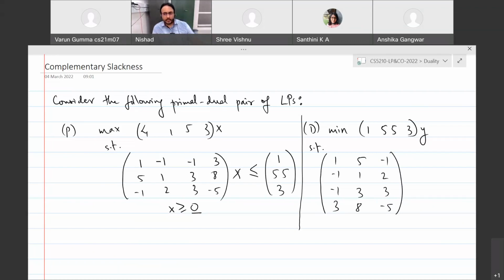Right, minimize b transpose y subject to A transpose y question mark c, and what are the y's? Can somebody tell me what do I need to put in these question marks? Oh, maybe I should write down the c. The c is 4, 1, 5, 3.